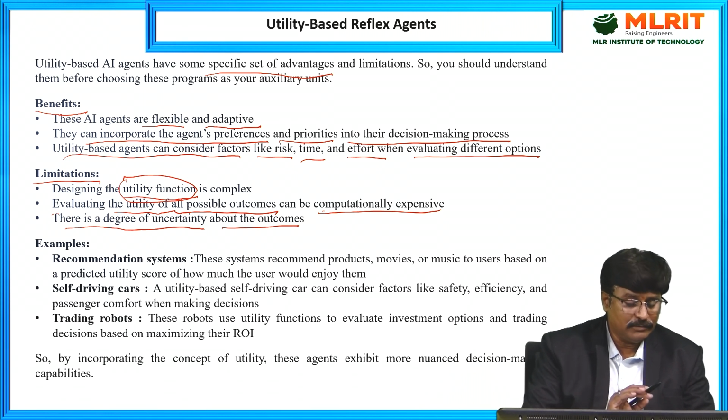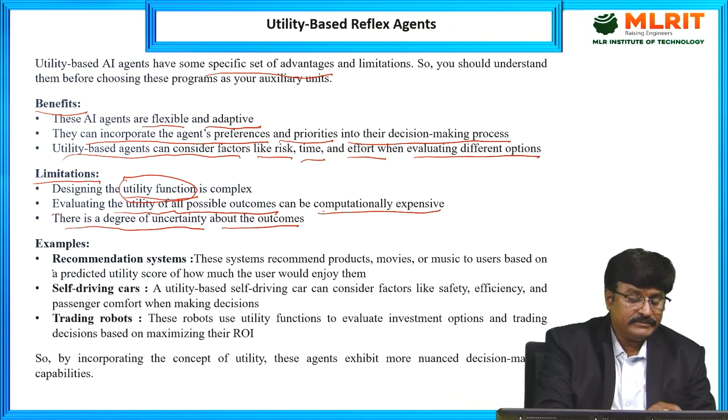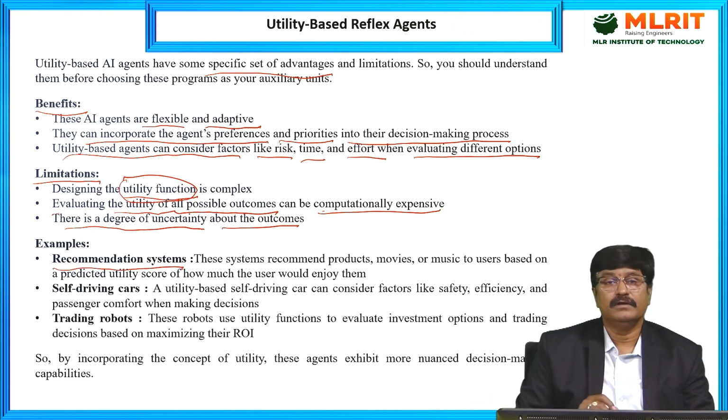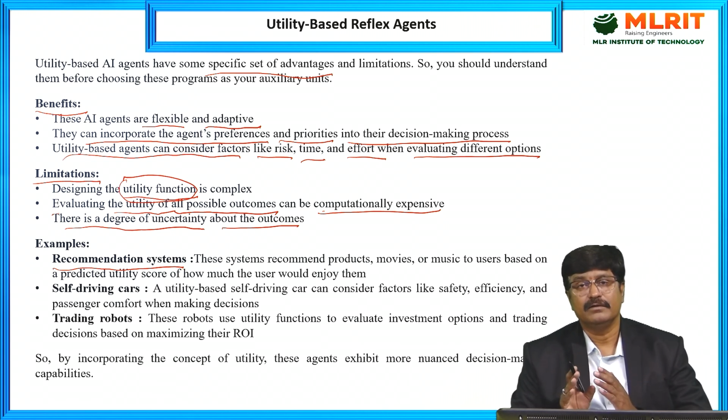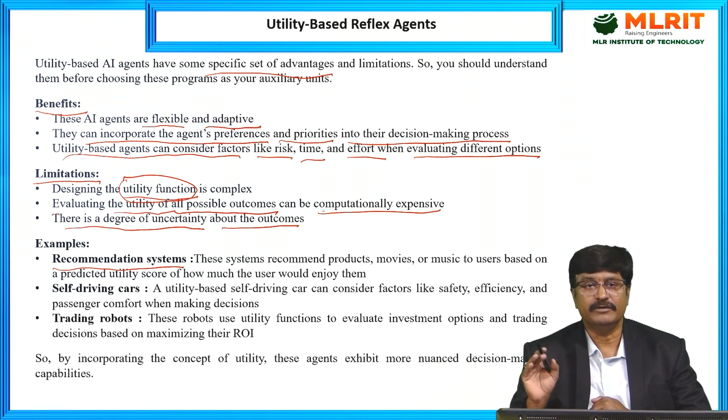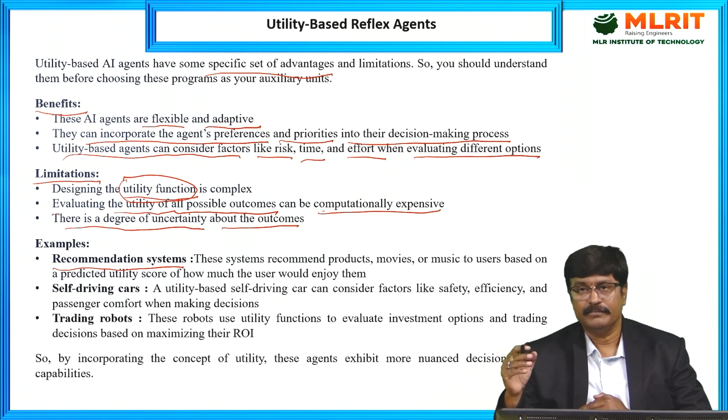What are examples of this model? Recommendation systems. These systems recommend products, movies, or music to users based on the predicted utility score, how much the user would enjoy them.